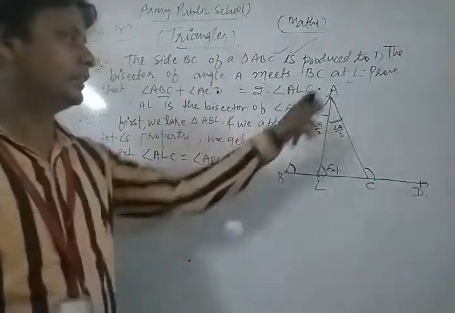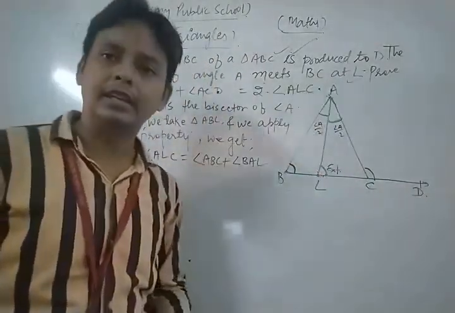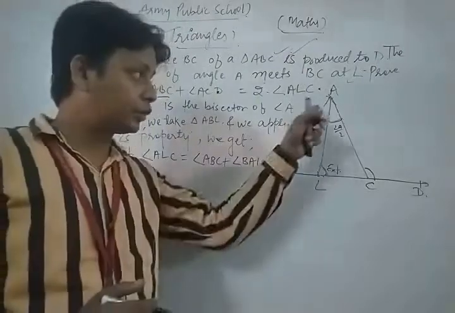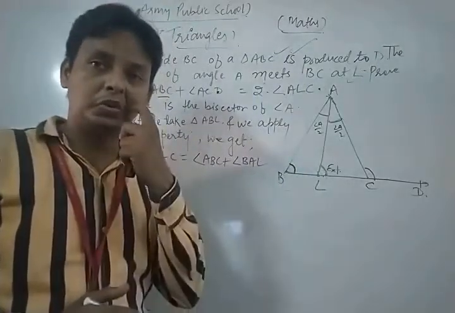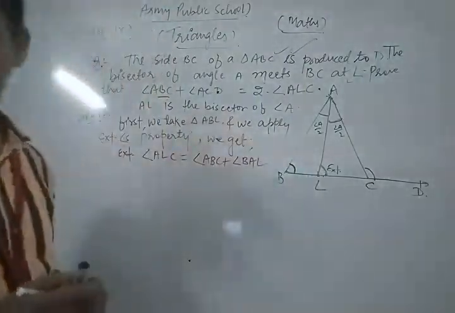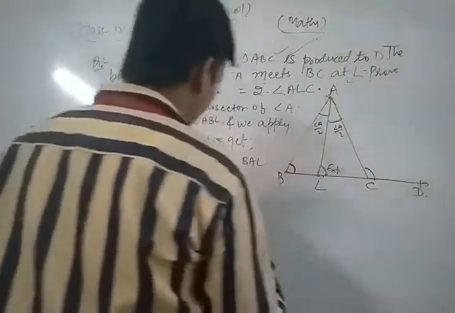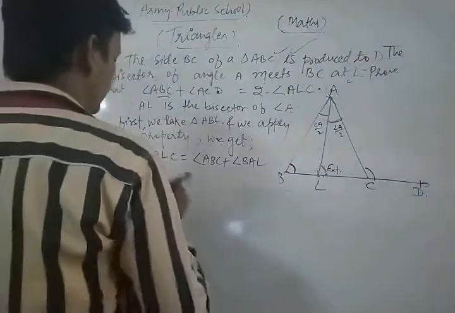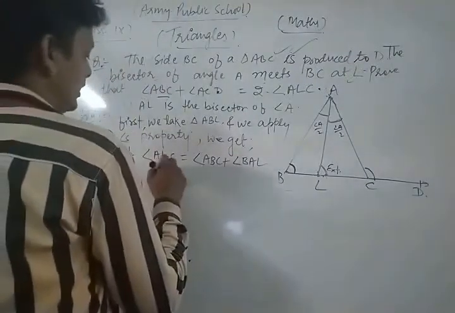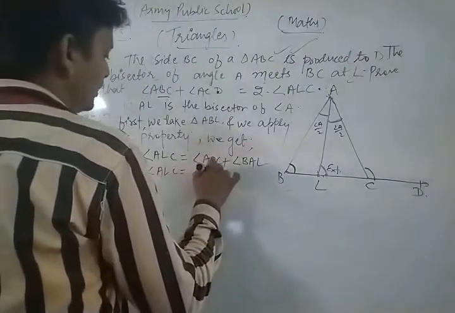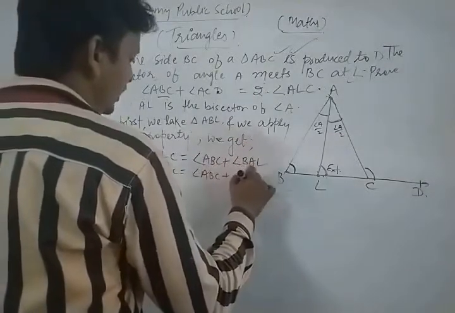Because the line segment AL is the bisector of angle A, it divides it into two angles of equal measure. So we can write BAL is equal to half of angle A. We can write angle ALC is equal to angle ABC plus half of angle A, A by 2.